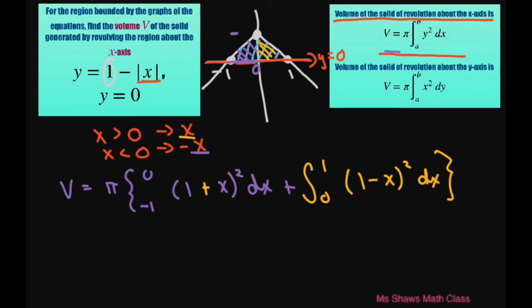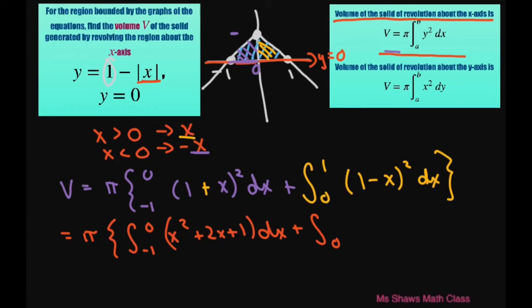All right, so let's go ahead and expand this a little bit. This is going to equal pi times the integral from negative 1 to 0 of x squared plus 2x plus 1 dx, plus the same thing for this one, but it's going to be minus: x squared minus 2x plus 1 dx. Or you can write it in a different order, it doesn't really matter.